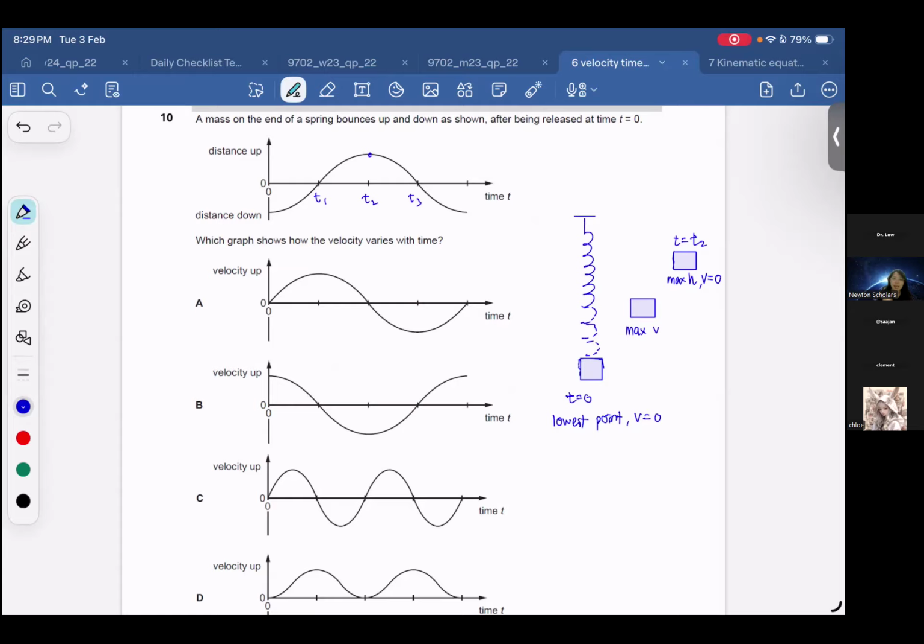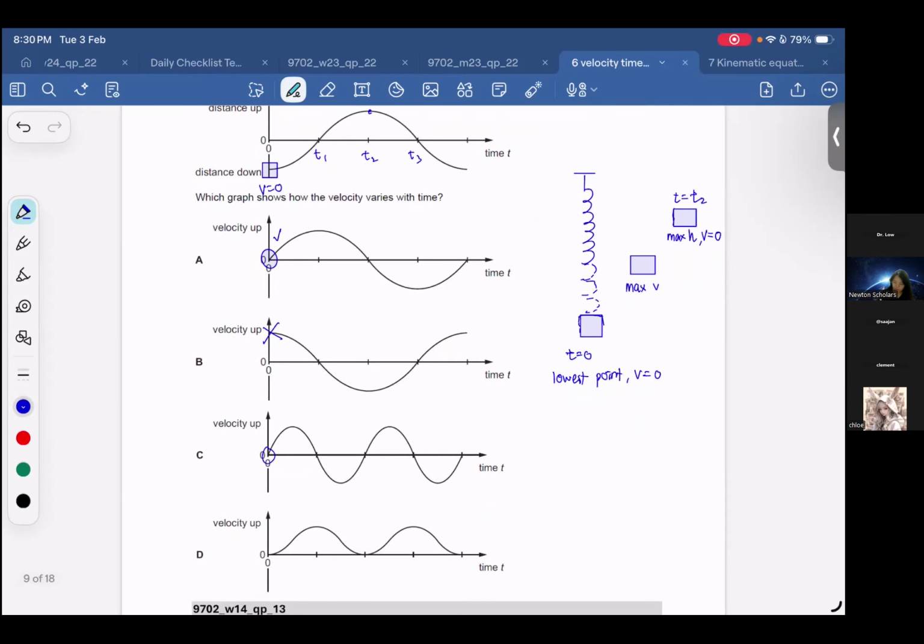That means that at the start, at the lowest position here, our speed is V equals 0. So this point is correct. Then this point is wrong. This point is correct, and here is also correct. B is wrong already.